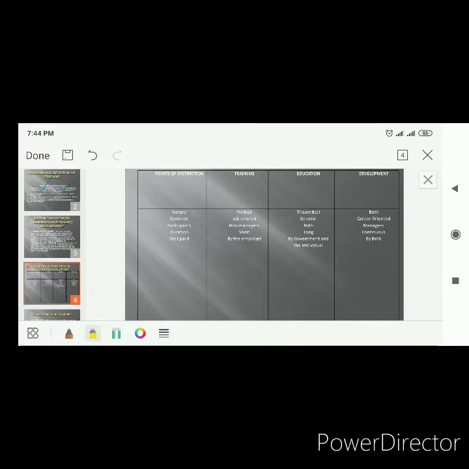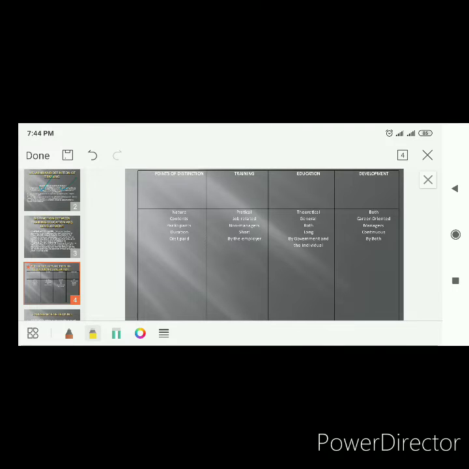Then we have done the definition of training given to you in the slide. After that we have done the objectives of the training, in the second slide. Then we have done the distinction between training, education and development. What is the distinction between these three we have done?